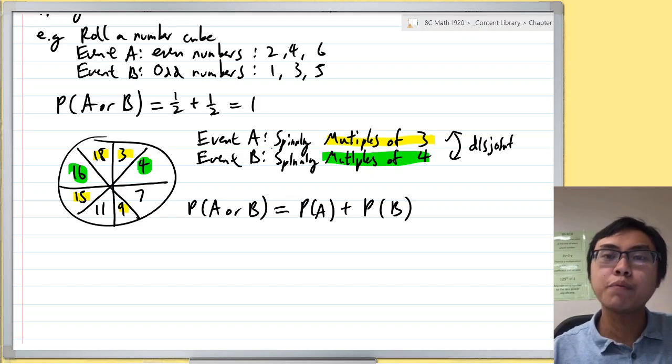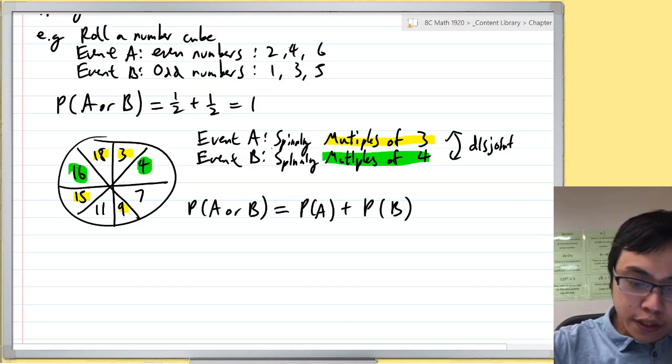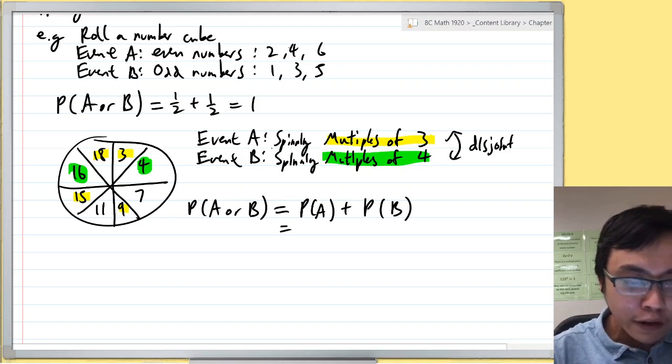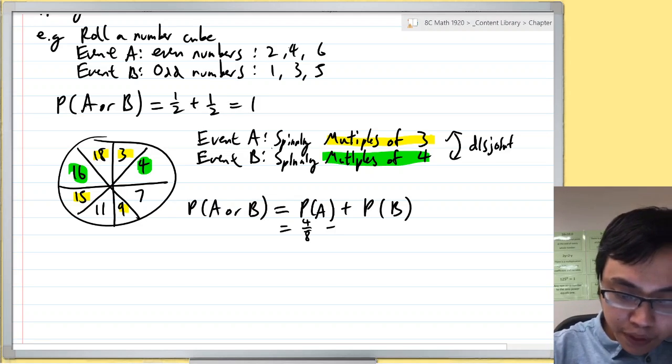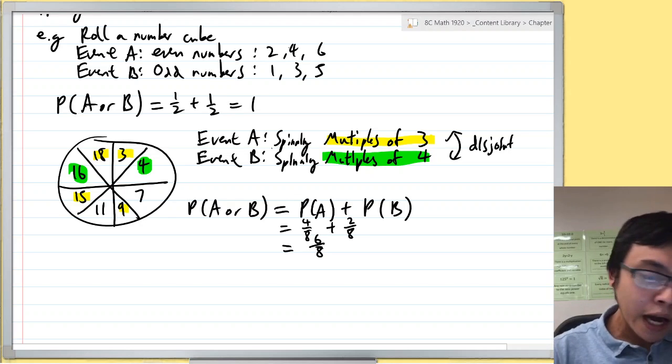In this case, the probability of A is 4 out of 8, and the probability of B is 2 out of 8, which in the end is 6 over 8.